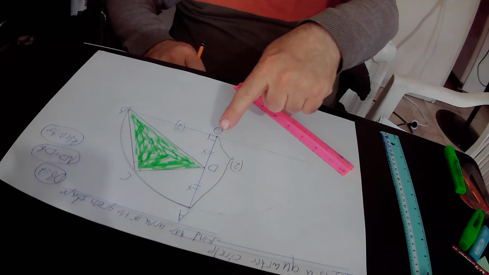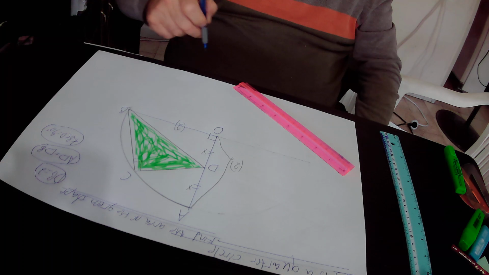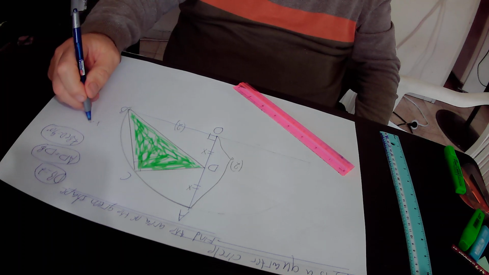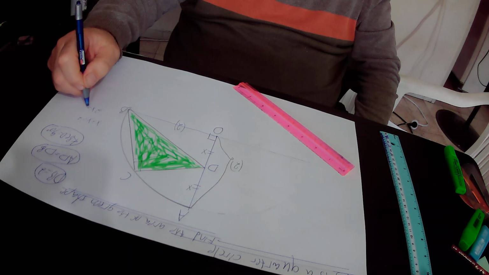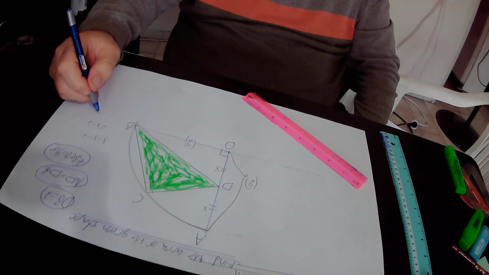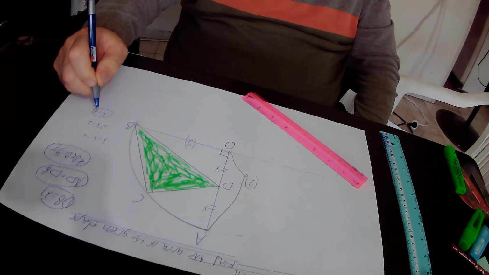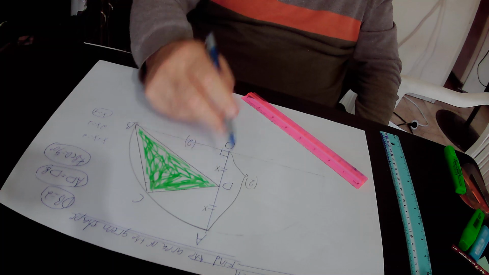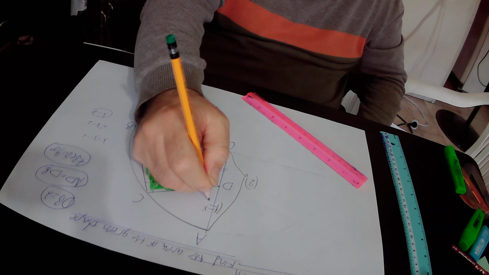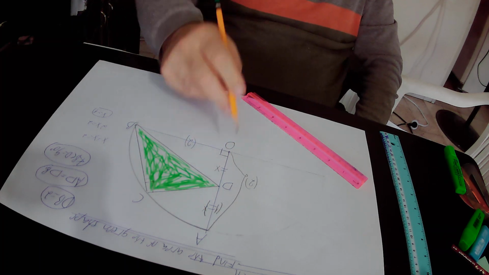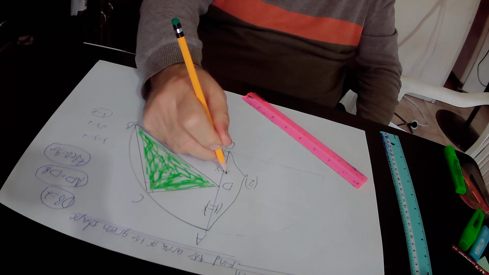AD is X, DO is X, therefore X plus X equals 2. X plus X is 2X, so 2X equals 2. Here we divide this equation by 2, and we get that X equals 2 over 2, that is 1. So AD is equal to X equals 1 unit in its length. And DO, this also equals X, equals 1 unit in its length.